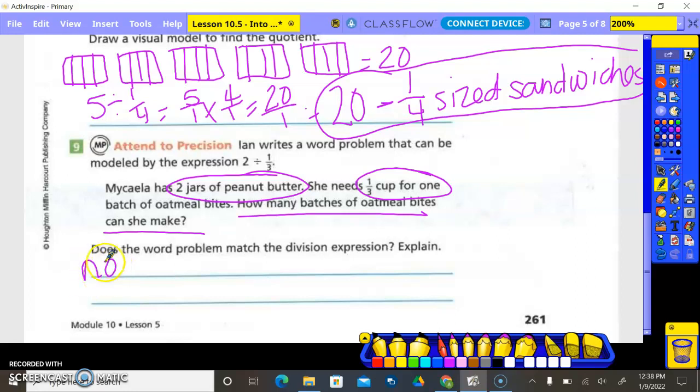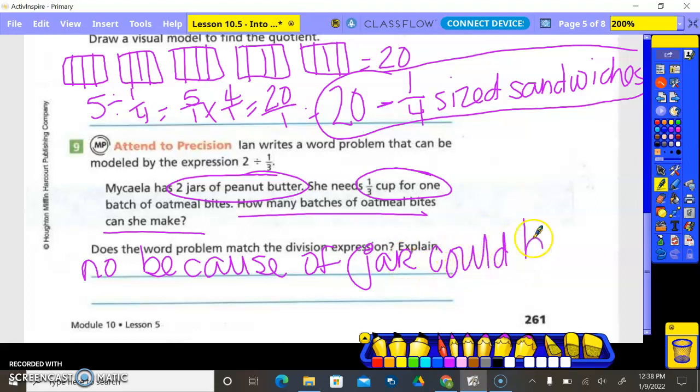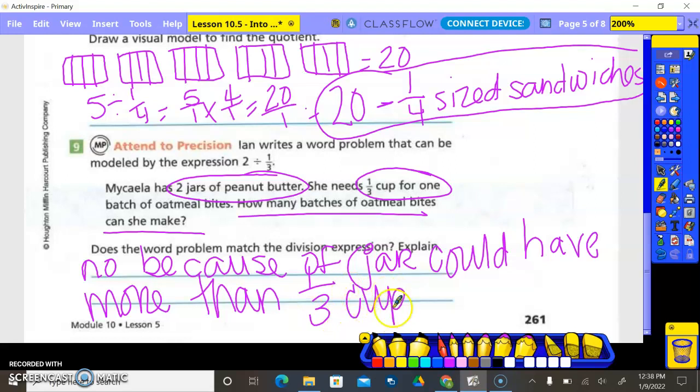So no, because 1 jar could have more than 1/3 cup of peanut butter. So in order for us to use that, we would need a little bit more information.